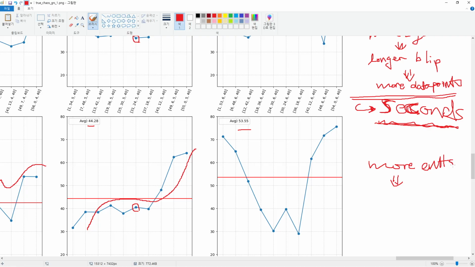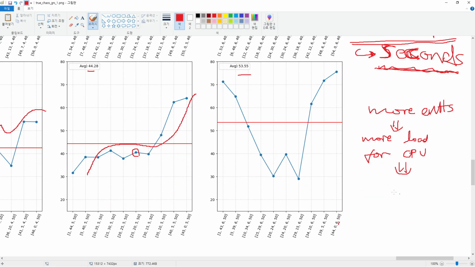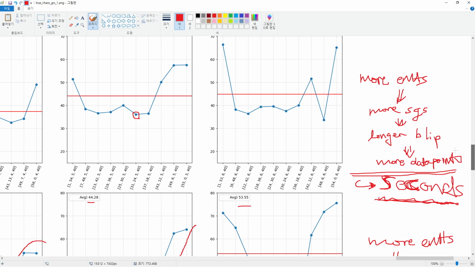On the other hand, on the flip side, more entities mean more stress, more load for the CPU, which means slower processing time, slower processes, which leads to longer time. So there's a trade-off.